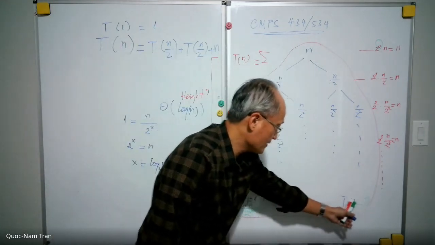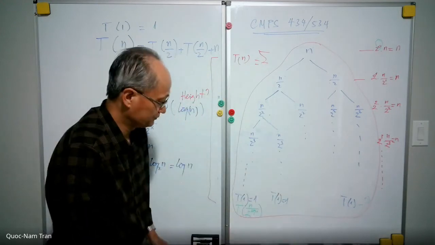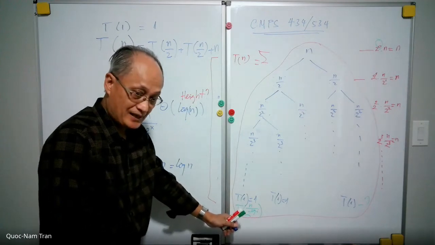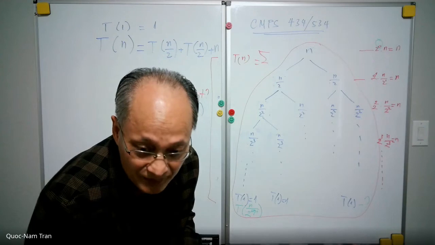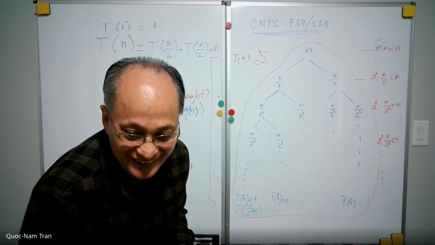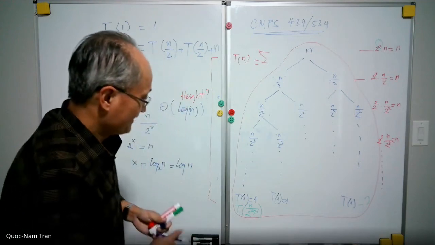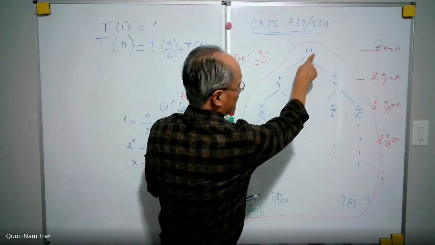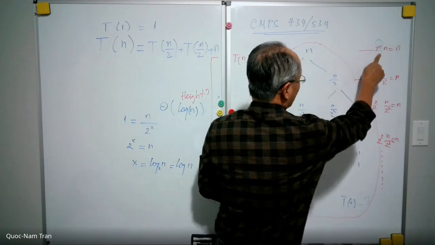How many elements do we have on this row? 2 elements. Too much. Remember that here, when I have 1, I have 2 power to 0, right?